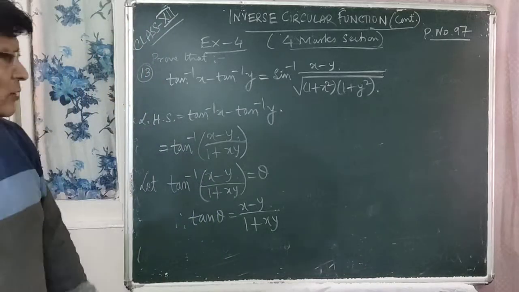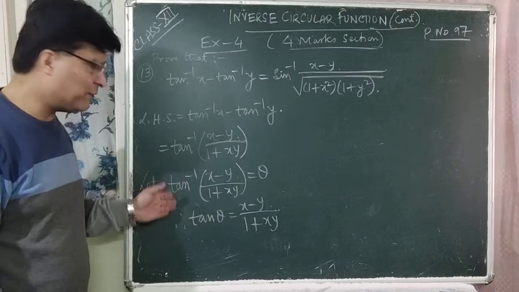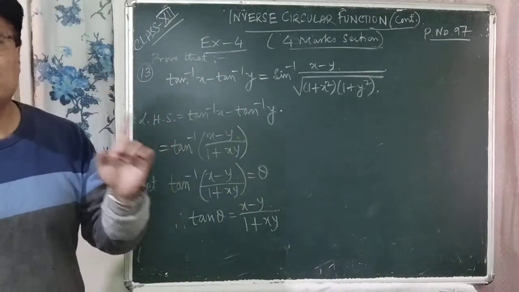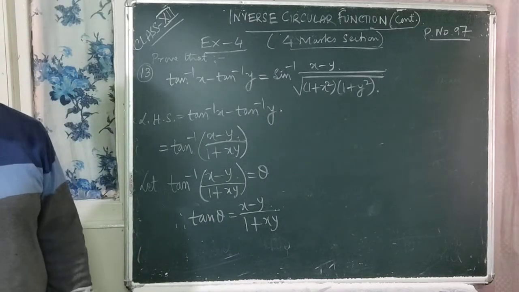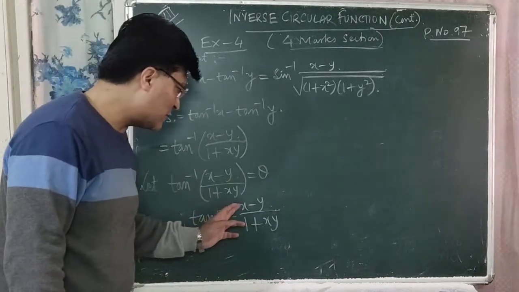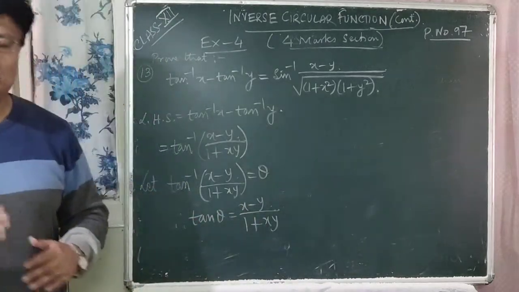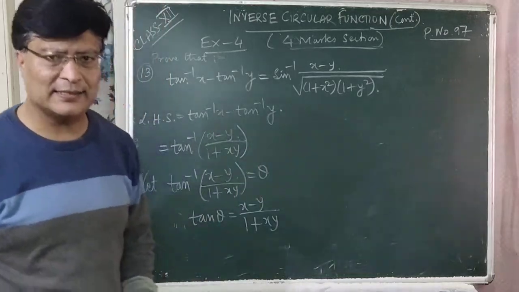Now in class 10, you did the problem like, if tan theta is given, you can easily get the value of sine theta using perpendicular, base, hypotenuse formula. You can use that formula here also, okay? If tan theta is equal to x minus y upon 1 plus xy, how can you get the value for sine theta? Let us use the method that you have done in class 10, okay?